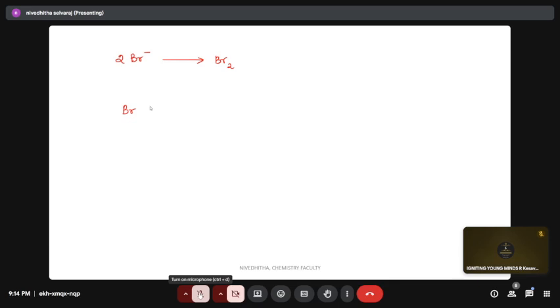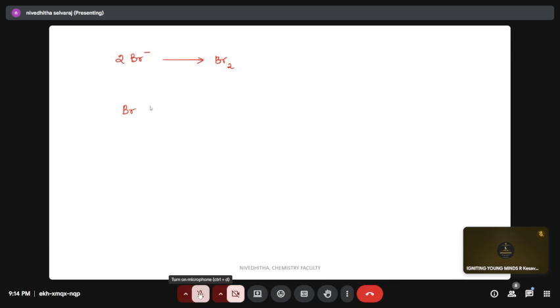Okay, and the student's answer was right. Here we have 2 Br⁻, and that extra electron was lost from each Br⁻. But without knowing the valence electrons of bromine, we cannot find how these 2 electrons were lost. I know why you're hesitating, because you don't know the atomic number of bromine, right?